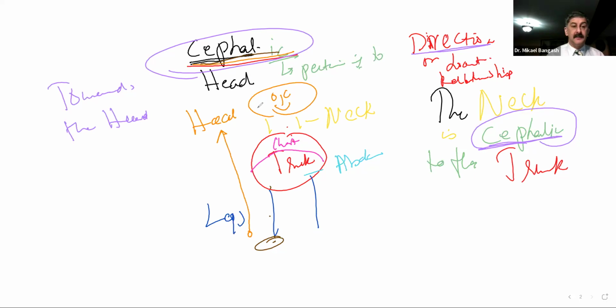So if you have your knee and your foot, your knee is going to be cephalic to your foot.